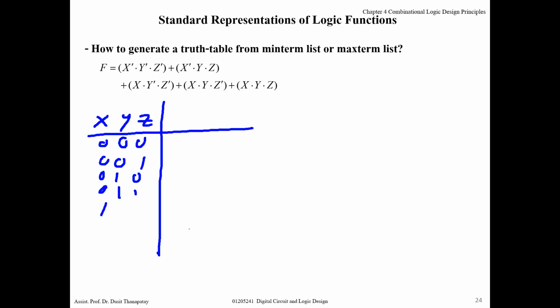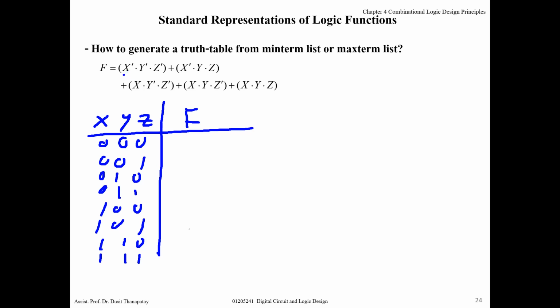You just write all possible input values first: 000, 001, 010, 011, 100, 101, 110, and 111, right? And then you just consider when the output will be 1 first.